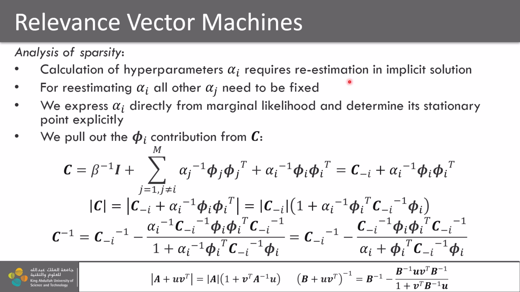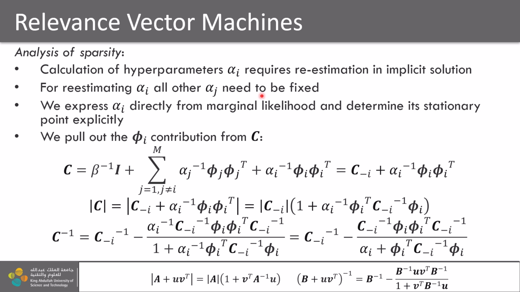And in fact, during the re-estimation of alpha i, all other alpha j's need to be fixed. So this is a complex process, and for each basis function, we will need to perform this re-estimation separately, which will not be very computationally efficient, or it will be quite computationally demanding.